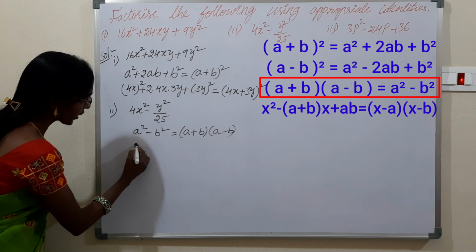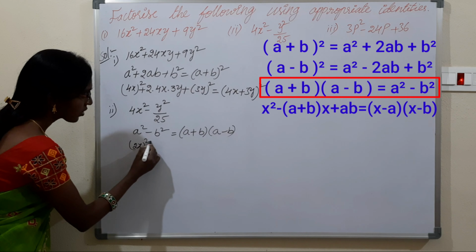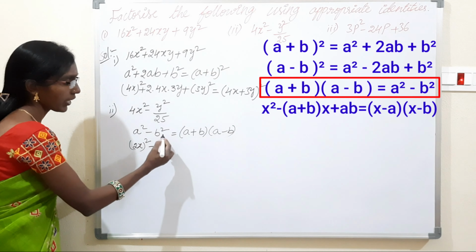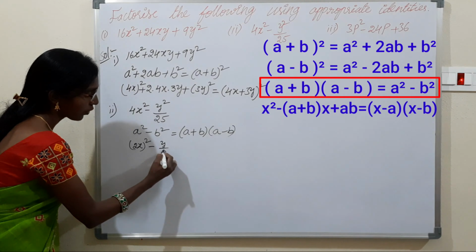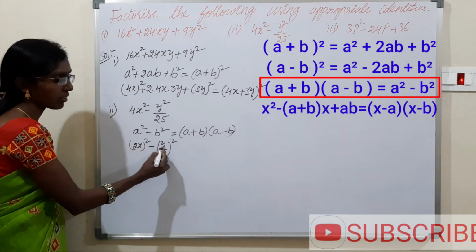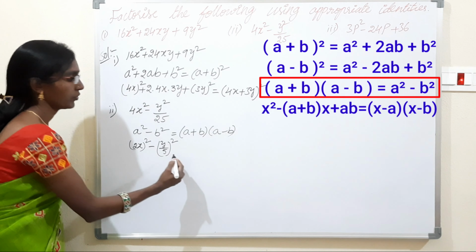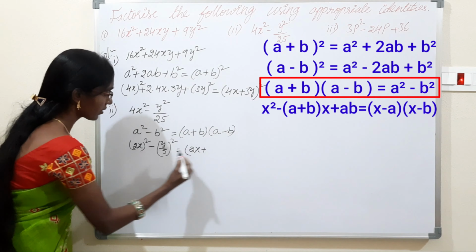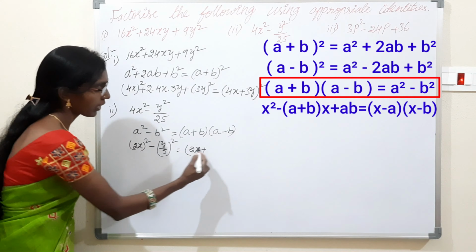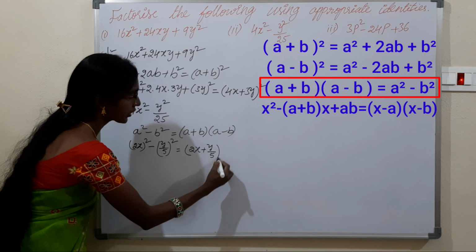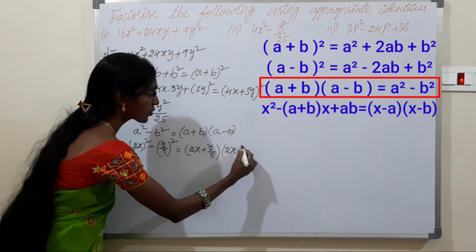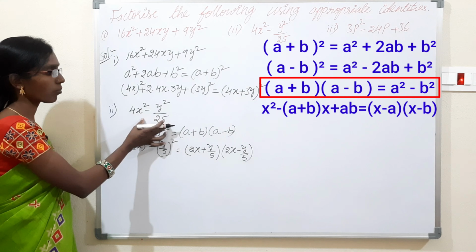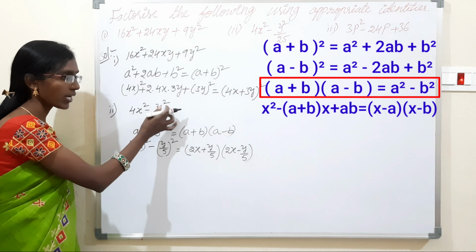We can express 4x square as 2x whole square, so a value is 2x. Minus, we can write y square by 25 as y by 5 whole square. From this we get b value as y by 5. In the place of a we have 2x, so 2x plus, in the place of b we have y by 5, into 2x minus y by 5. These are the factors of the given polynomial 4x square minus y square by 25.